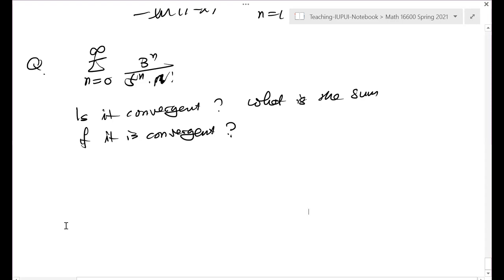Okay, let's start. Let me discuss this problem. Now I think we don't need to waste time checking whether it's convergent.